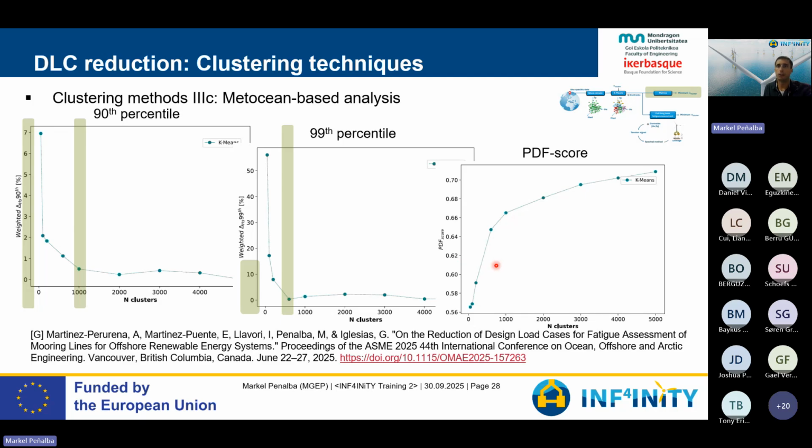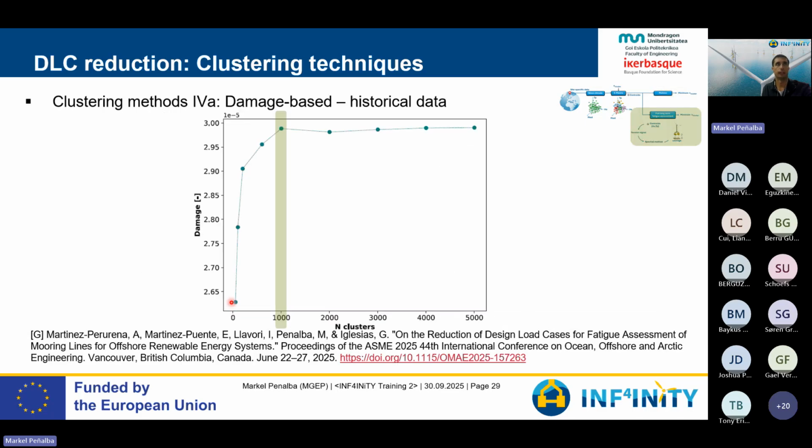So again, this 1,000 number of clusters seems to be the consistent number of clusters that leads to the convergence of the different analyses. But if we do the same analysis for the damage-based historical data, so basically not based on pure environmental conditions or geometrical distances based on environmental conditions, but the fatigue damage, we can see that again, the 1,000 number of clusters appears as the convergence point for the analysis.